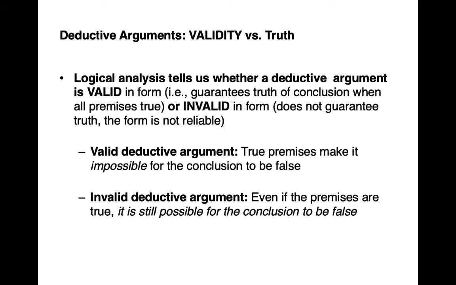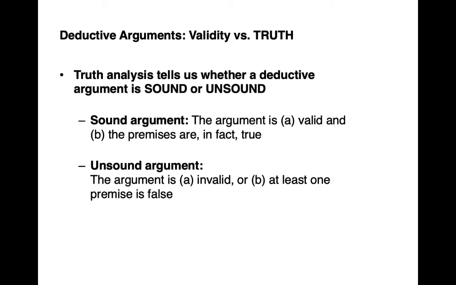Again, for valid deductive arguments, with all true premises, given that form it's impossible for the conclusion to be false. And an invalid deductive argument is one where even if the premises are true, it's still possible for that conclusion to be false. Truth analysis tells us whether a deductive argument is sound or unsound.